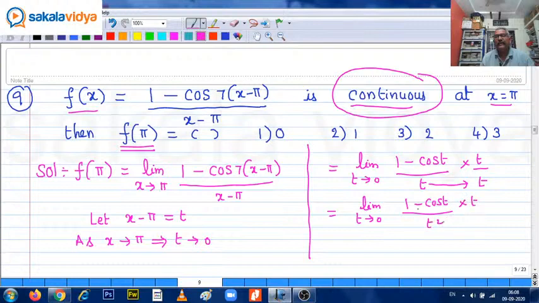This is a shortcut we have: 1 minus cos t by t square is 1 by 2, multiplied by t, and in the place of t, 0. So 0 into something is 0. That's why the first option is the right option. Option 1.